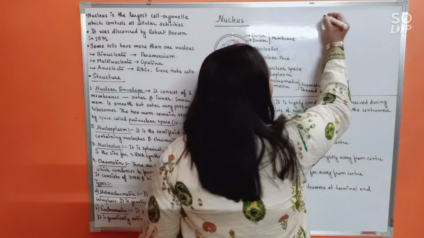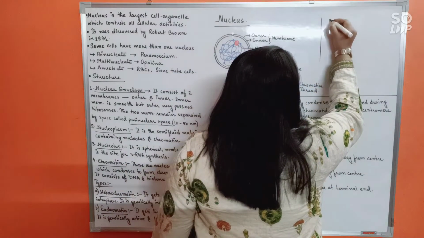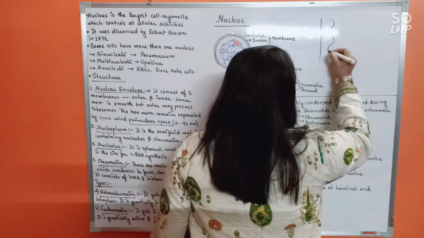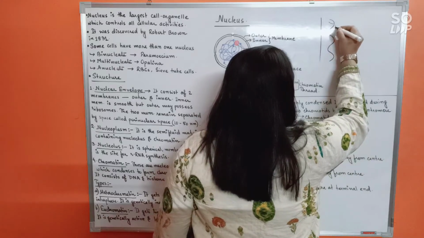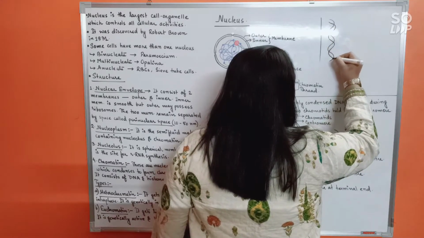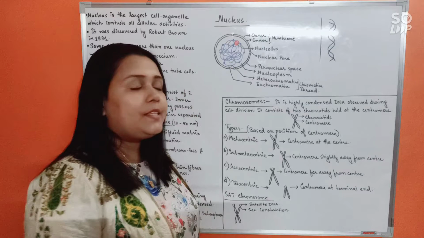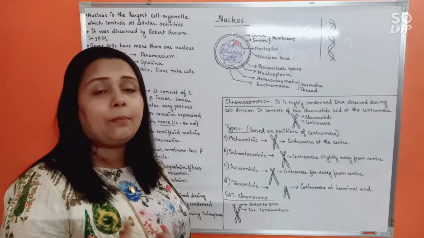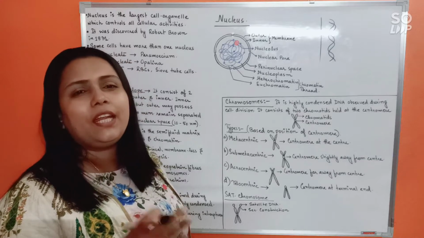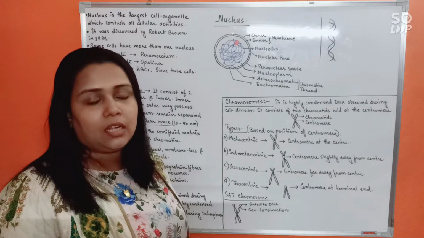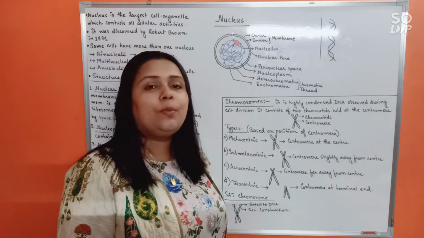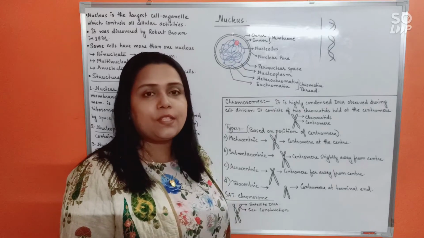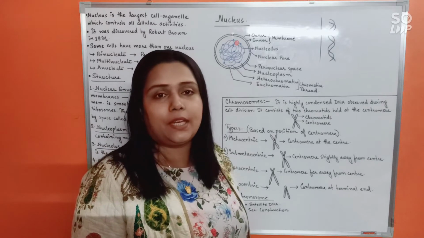See, DNA is a helical structure like this, a double helical structure, and it is a very long thread-like structure. As I have told you already, human DNA is approximately 2.2 meters in length.